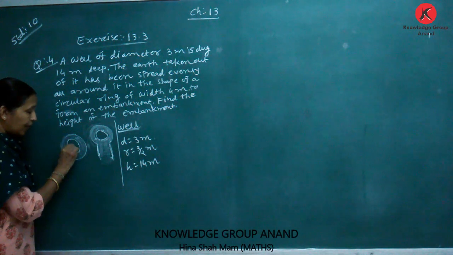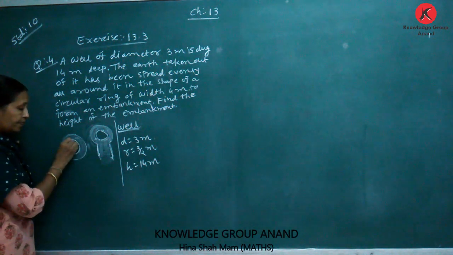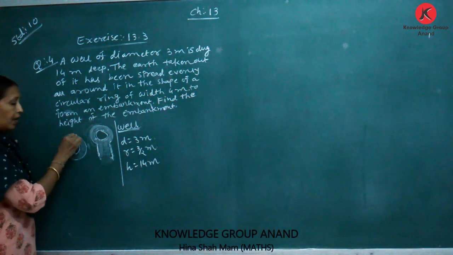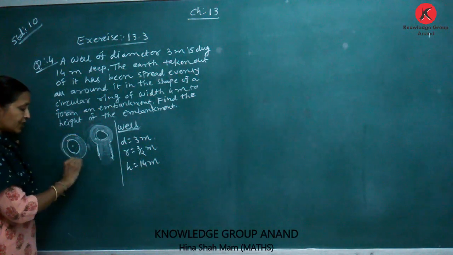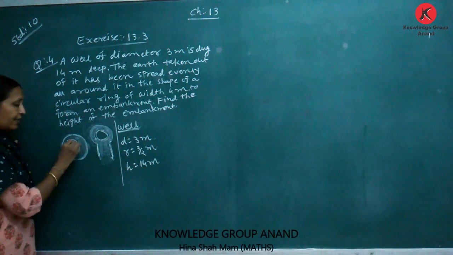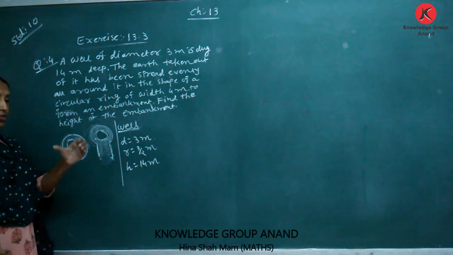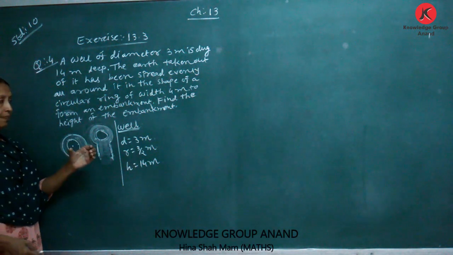Then find the volume of this circle, the two cylindrical shapes.